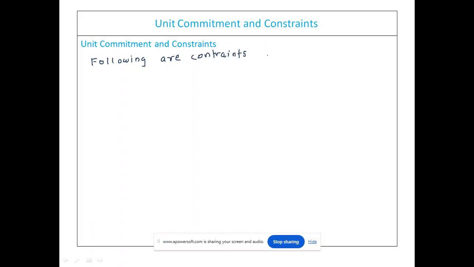When you allocate a generation to a unit, we have to meet certain conditions. That is what we call a constraint. Following are the constraints to the unit commitment problem.